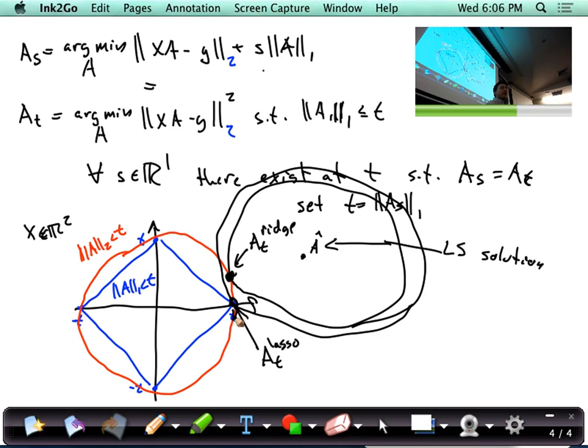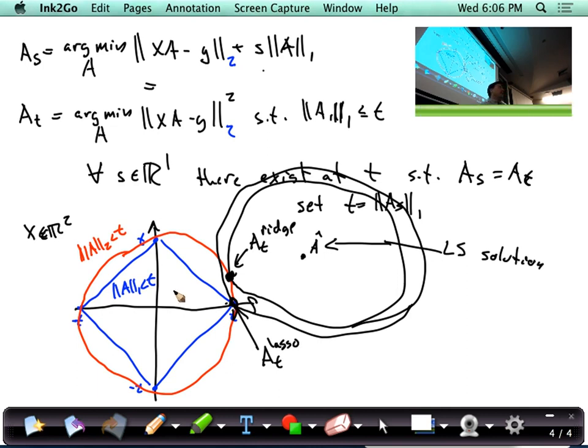You're restricting to these L1 balls, which have these very pointy shapes, but they're still convex, which is just inherently what's going to allow us to solve this. It's this convex shape, but very pointy, and so I'm going to tend to find solutions on these corners. So the corner corresponds with at least one of the coordinates being 0.